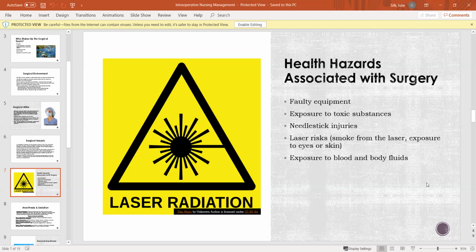And we talked about the special air filtration system in the OR. When the smoke starts to happen from the laser, that air filtration system sucks it up to get it out of there, so it's not all over the place. Exposure to blood and body fluids is always a big deal too.